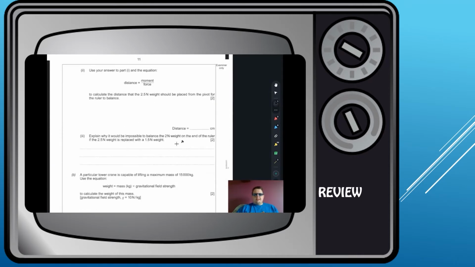Okay, right. Calculate the distance the weight should be placed. So the moment here is going to be the one we just calculated, divided by the force of that, which is going to give us 40 centimeters. Explain why it would be impossible to balance the 2 Newton weight at the end of the ruler. The 1.5 Newton weight is replaced by a 1.5.